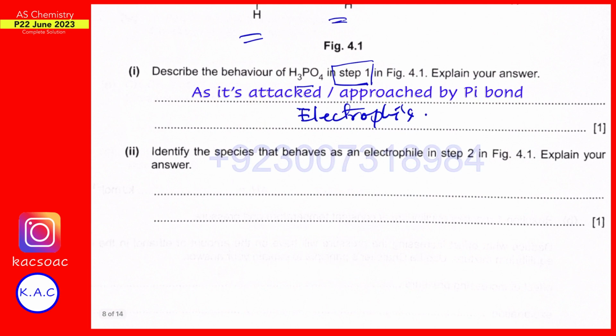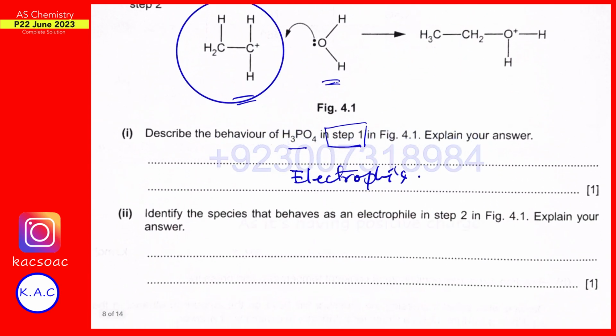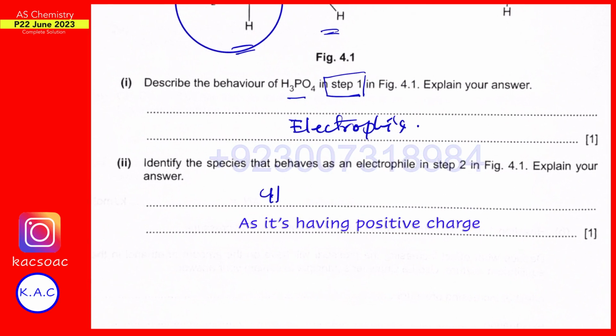Identify the species that behave as an electrophile in step 2. In step 2, this is the electrophile, electron lovers, that is having full-fledged positive ion. I mean, that is ethyl positive ion, CH3 CH2 positive ion.